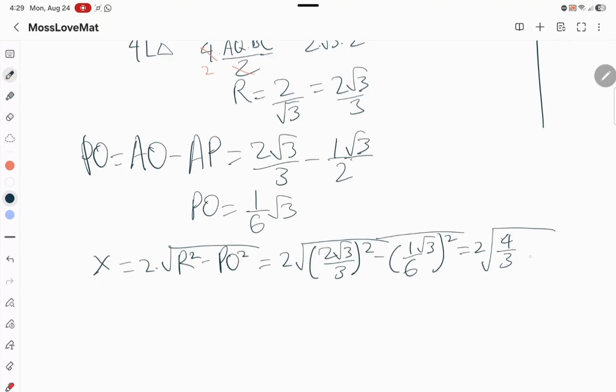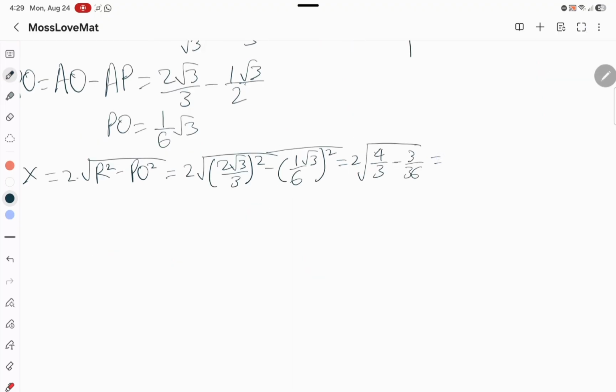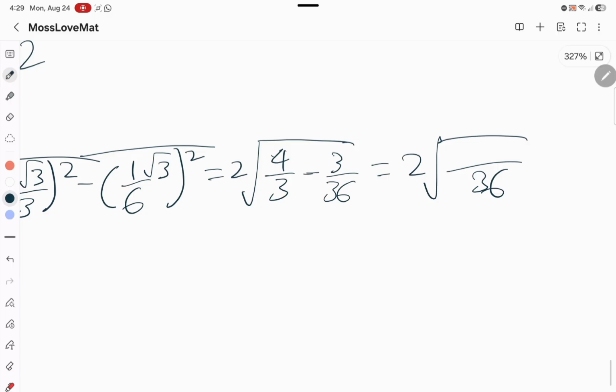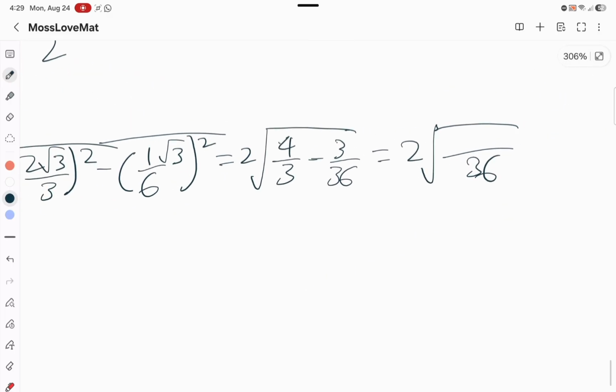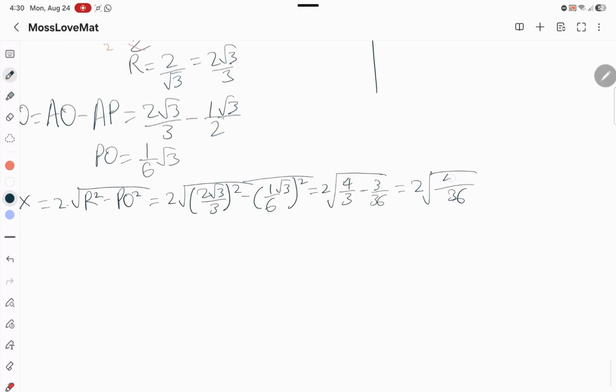It is 4 over 3 minus 3 over 36. So we get that x is 2 times root of 48 minus 3 over 36.